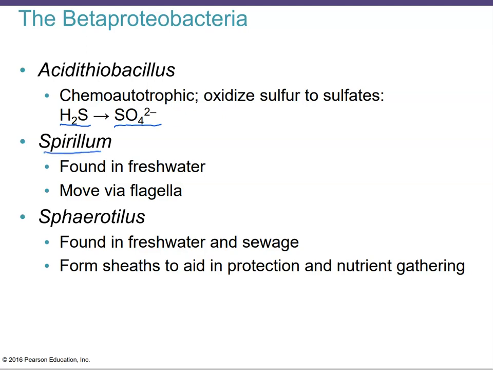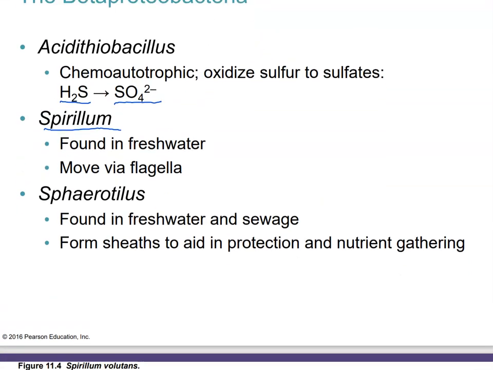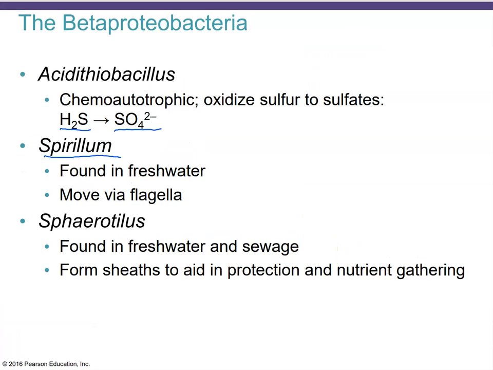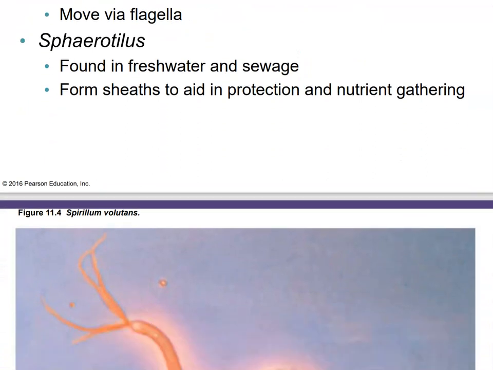And then we have Spirillum. That one's found in fresh water and moves via this endoflagellum. And then we have Sphaerotilus. This one is found in freshwater sewage, and you will probably never hear about this one again. But the Spirillum, you definitely will hear about it.